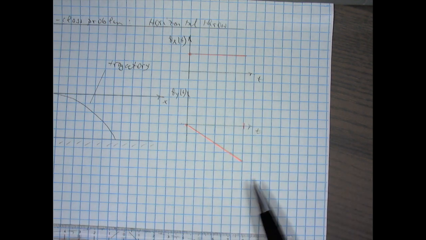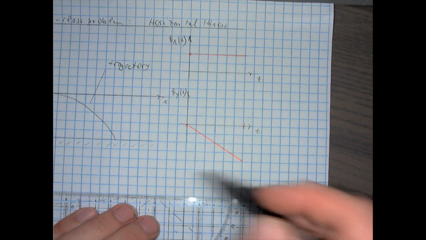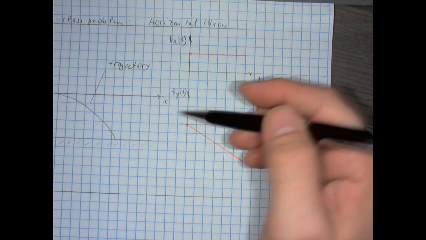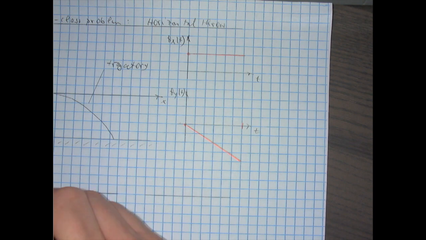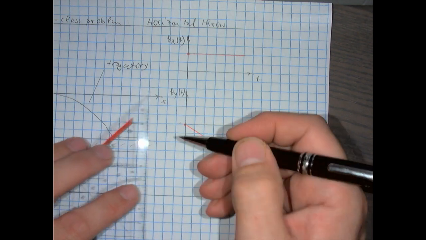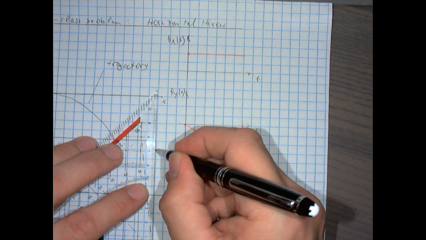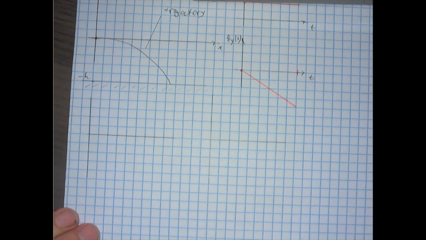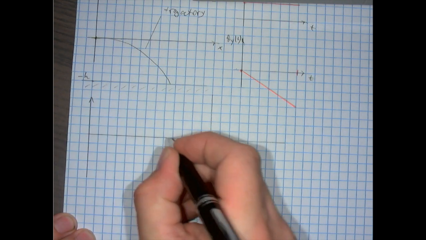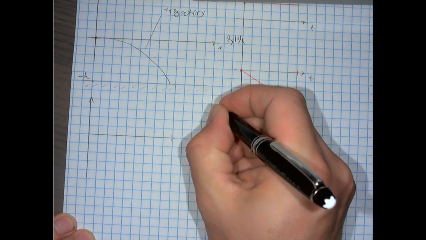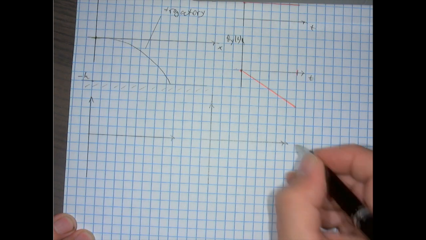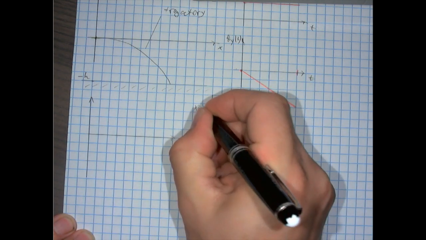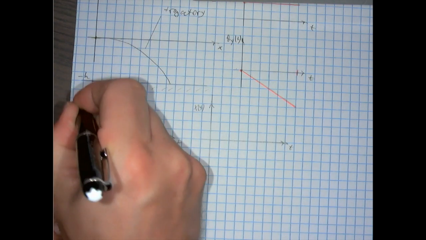So let me now sketch side by side y of t and x of t. So what do we expect here? Let's first look at y of t, y as a function of time, and here x as a function of time. So this is t, this here is x of t, and this here would be y of t.